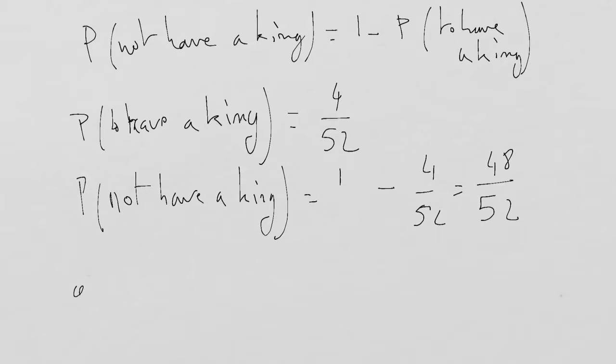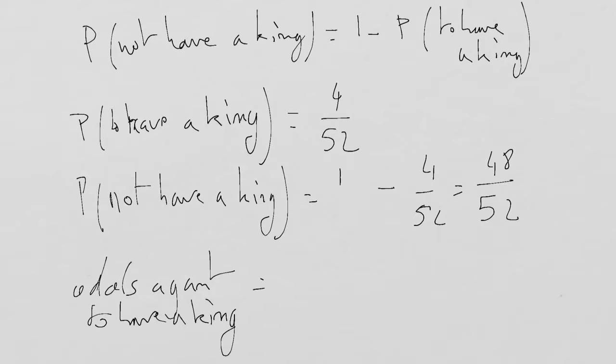So now the odds against to have a king are going to be 48 over 52 divided by 4 over 52.